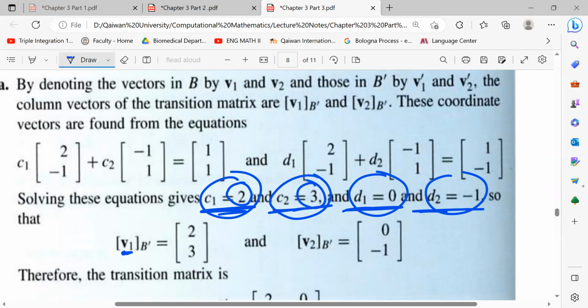The coordinates of V2 are the values of D1 and D2.